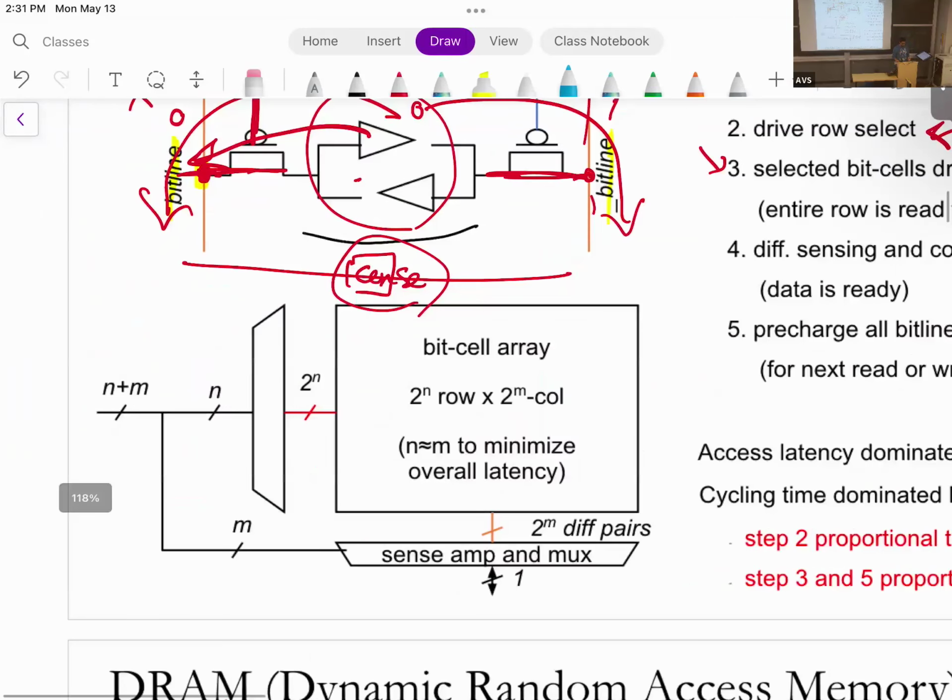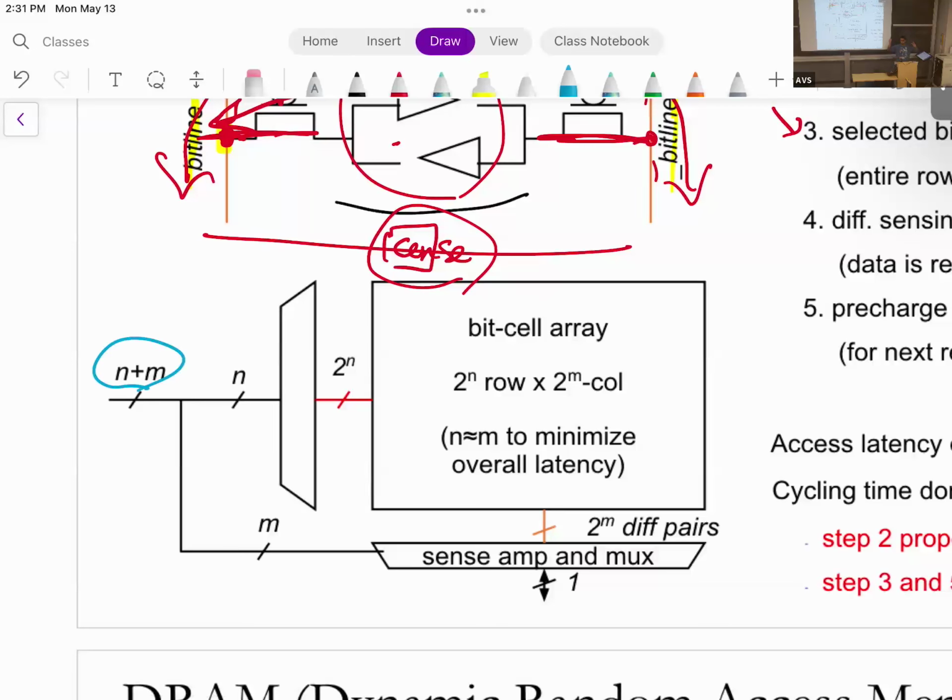Anyway, going back to this, this would be essentially your quote unquote address. As I told you, we usually go with the most significant bits for the rows and the least significant bits for the columns. So think about this as 2 to the power of n rows and 2 to the power of m columns, right?